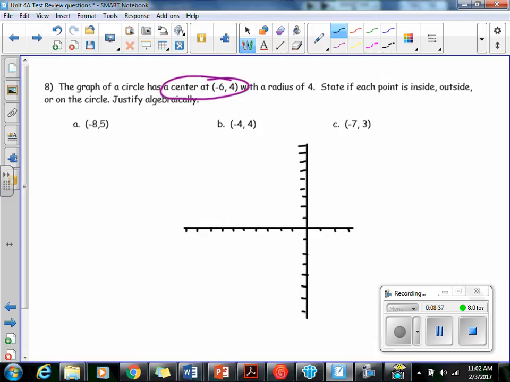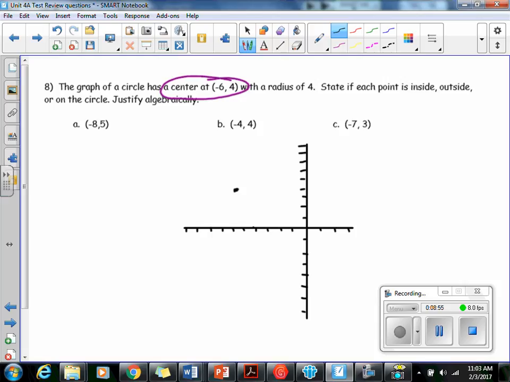Okay, so what's happening here is our center is at (-6, 4). So you're going to go over 1, 2, 3, 4, 5, 6, and then go up 1, 2, 3, 4. So this is approximately where your center would be located.